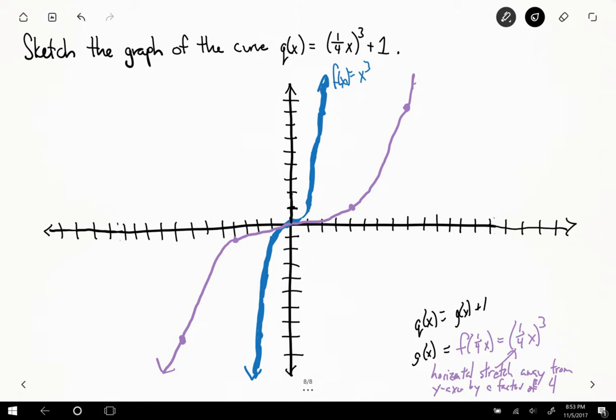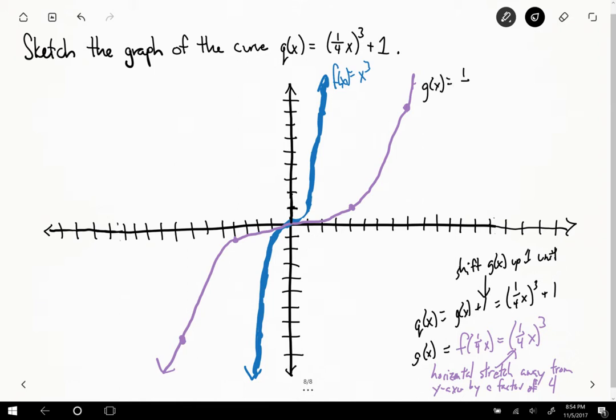Because we get the g of x is 1/4 x, that quantity cubed, plus 1, right? So what does this do? This shifts g of x up 1 unit. And by the way, g of x was equal to 1/4 x, the quantity cubed.